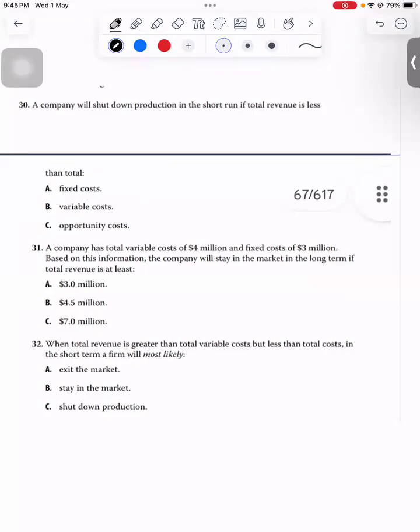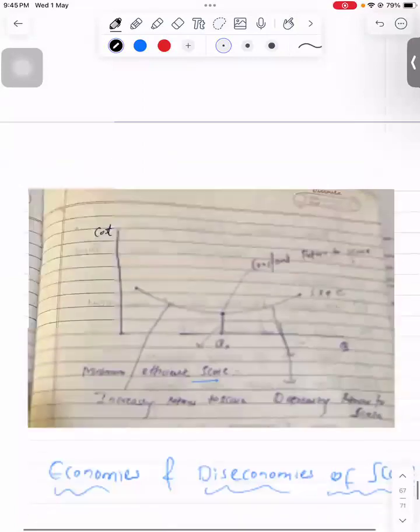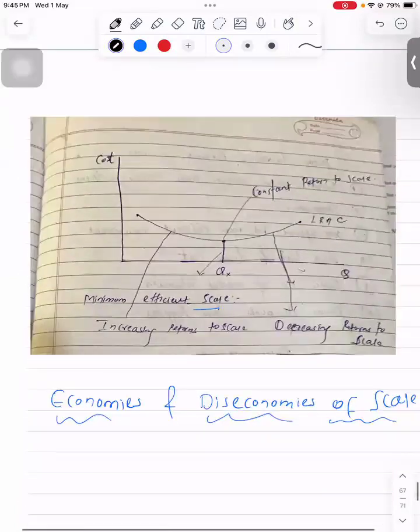Just a minute. Let me check again. Yeah, for 30, it is B. Okay, 31 C and 32 is B. Now last part is pending.